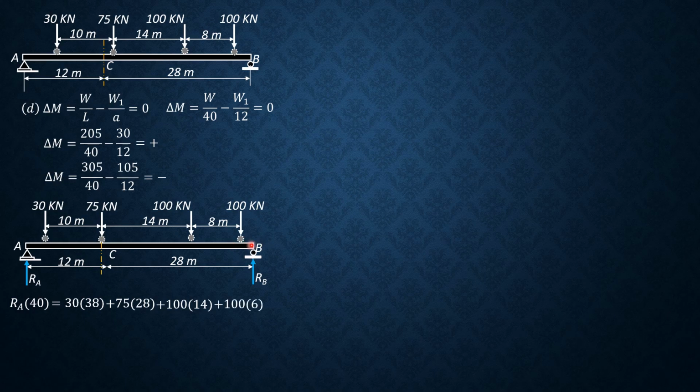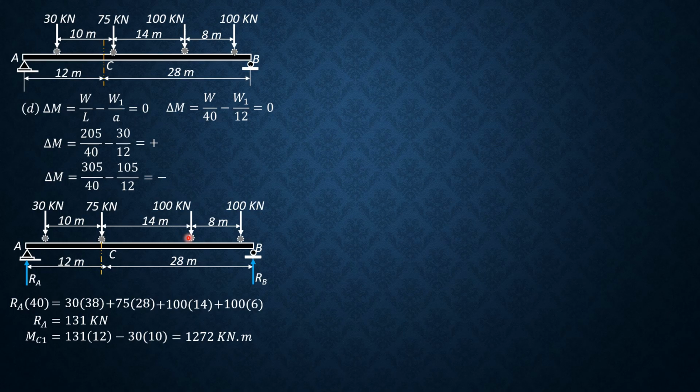So R sub A is 131 kilonewton. So the maximum moment at C is RA times 12 minus 30 times 10. That's the first possible value. So MC1 equals 1272 kilonewton meter.